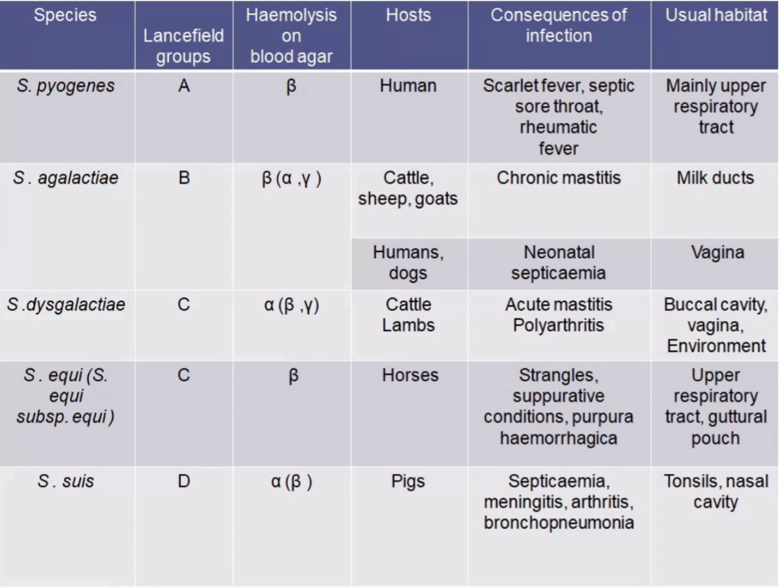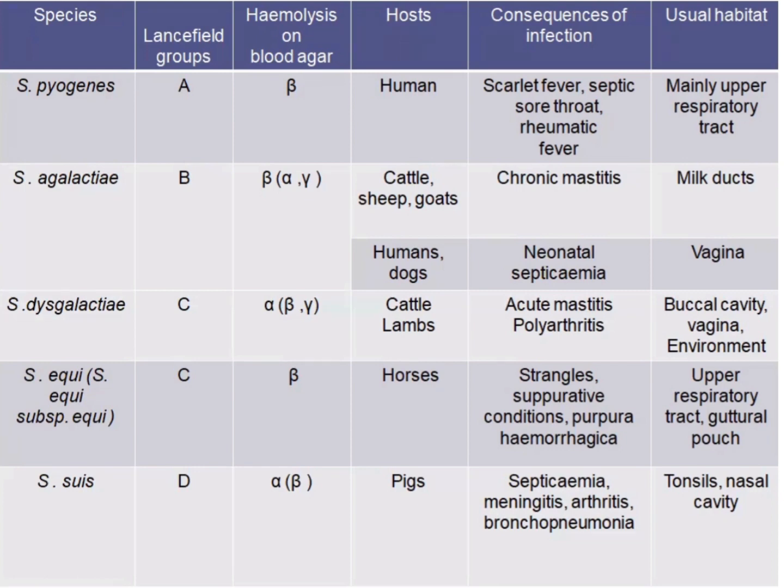Second species, that is Streptococcus agalactiae. Streptococcus agalactiae is classified in group B, and on the blood agar they produce beta hemolysis and may also produce alpha or gamma hemolysis. The usual hosts are cattle, sheep, goat. There are different strains of agalactiae.